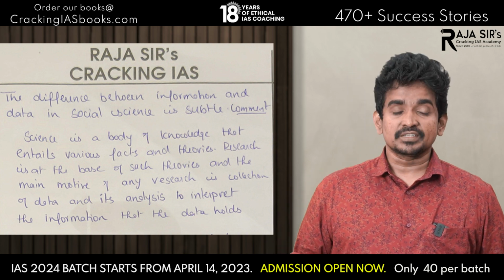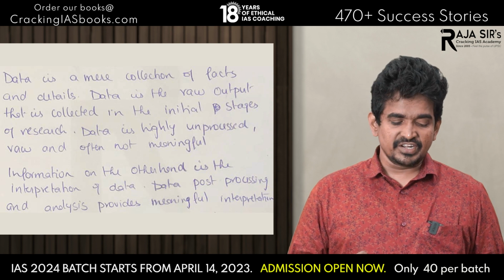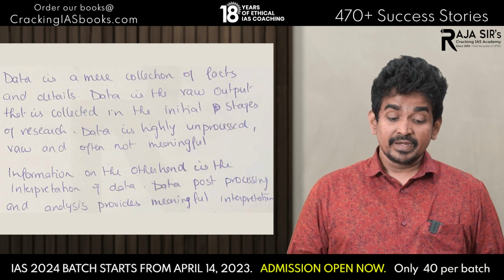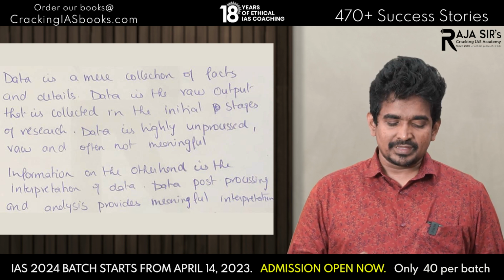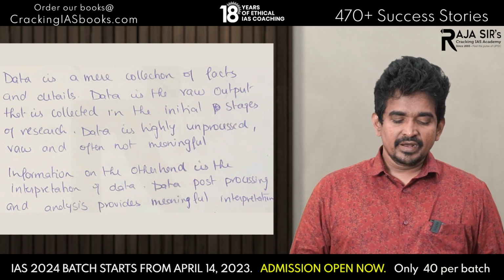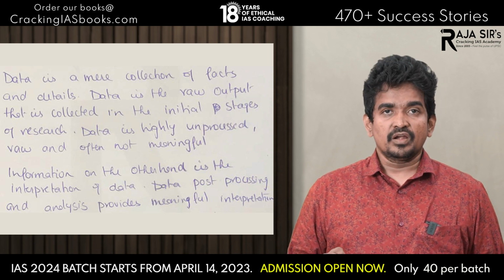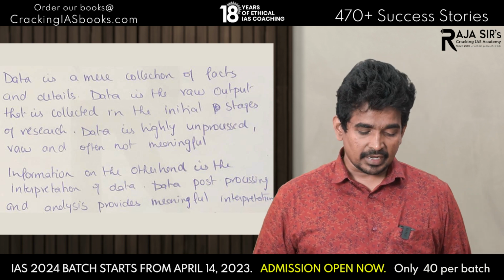Now the second paragraph, data is a mere collection of facts and details. Data is the raw output that is collected in the initial stages of research. Data is highly unprocessed, raw, and often not meaningful.